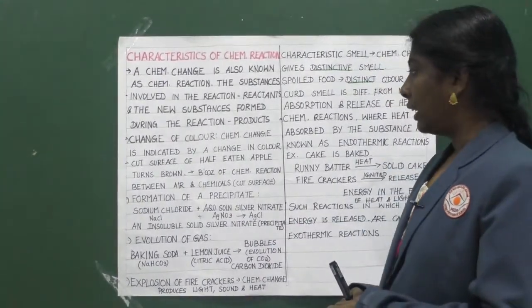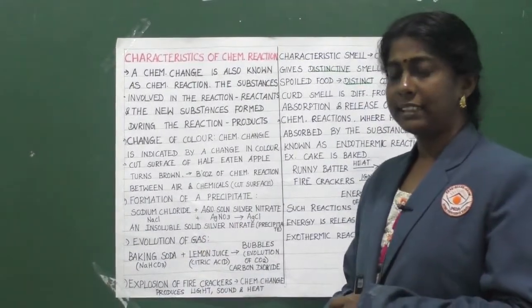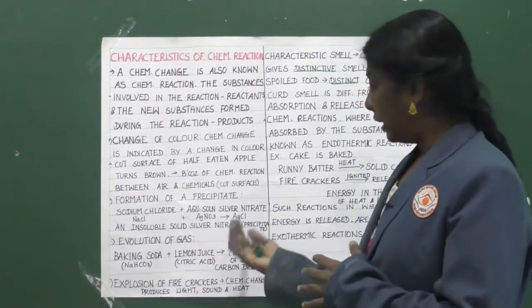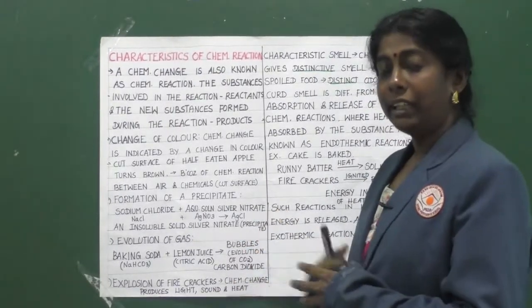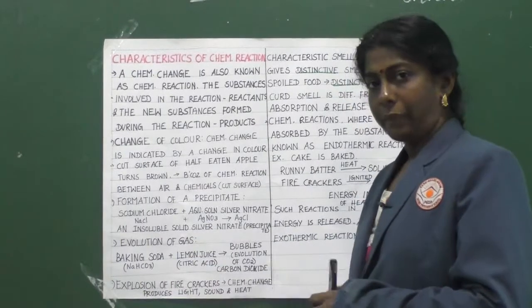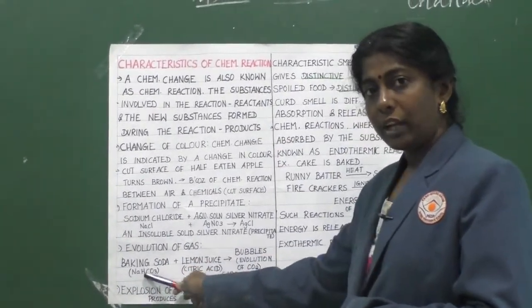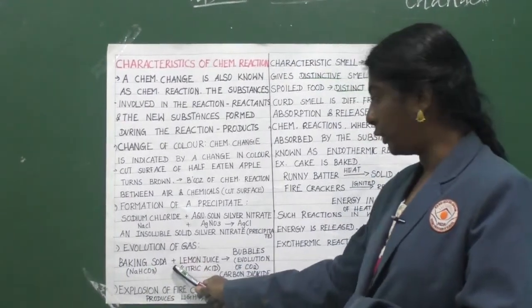Next thing is about evolution of gas. In some chemical changes, you will be getting a gas. Like baking soda, whose formula is NaHCO3.